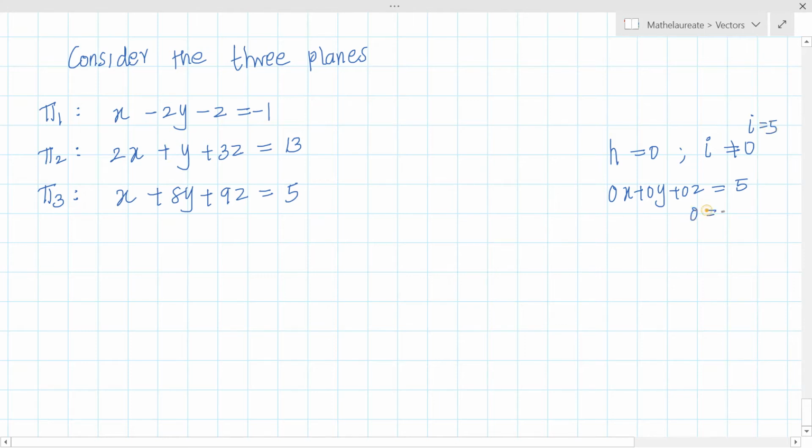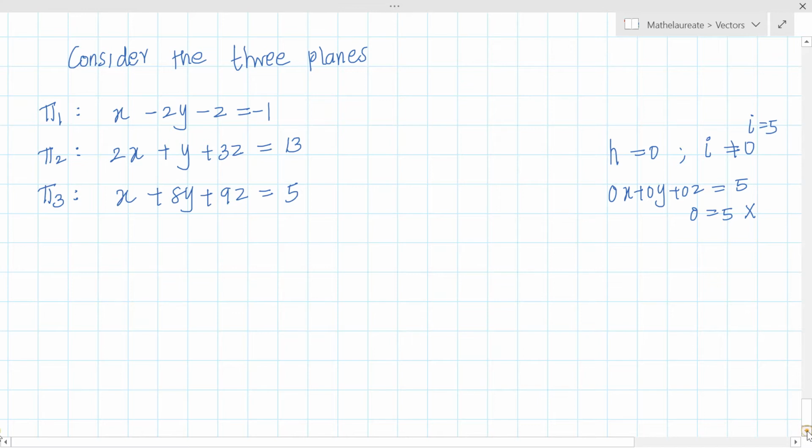Then you will get 0 equal to 5, which is not true. So we conclude that this system of simultaneous equations is inconsistent. Then we can conclude that no solution exists.